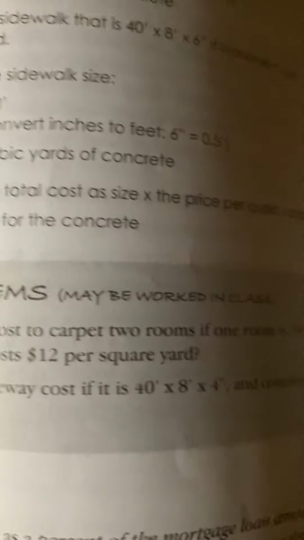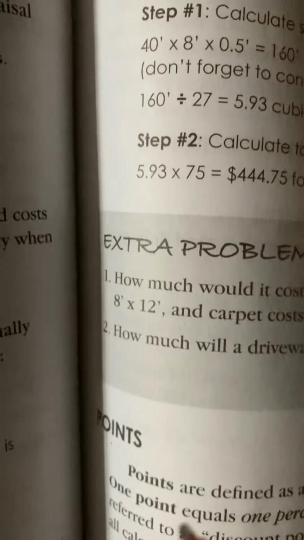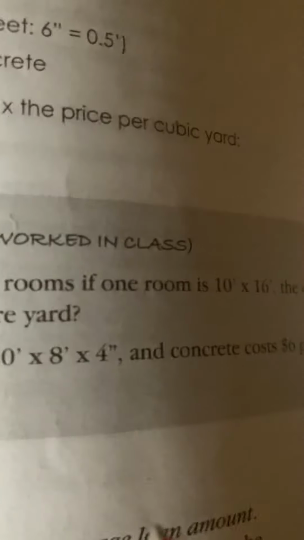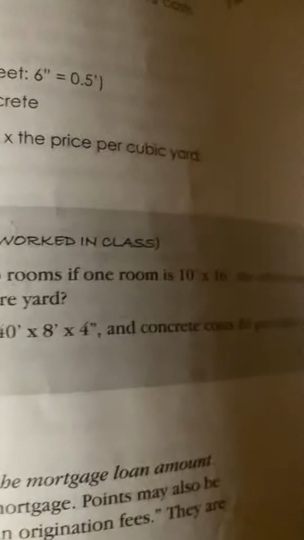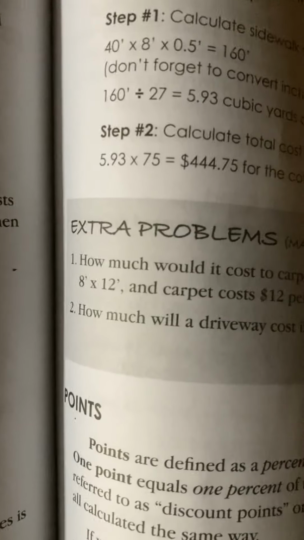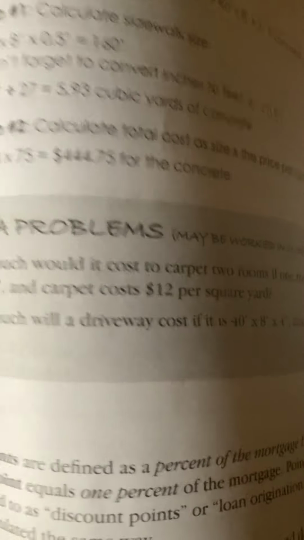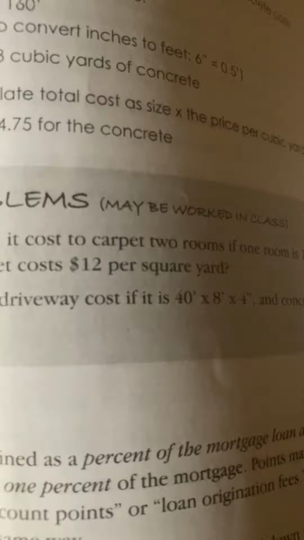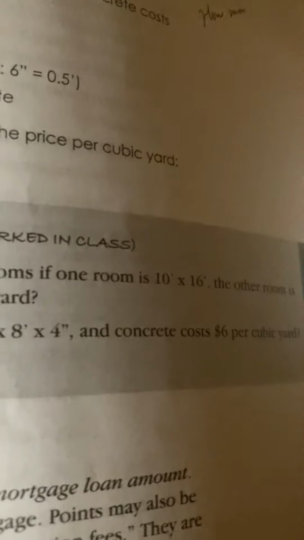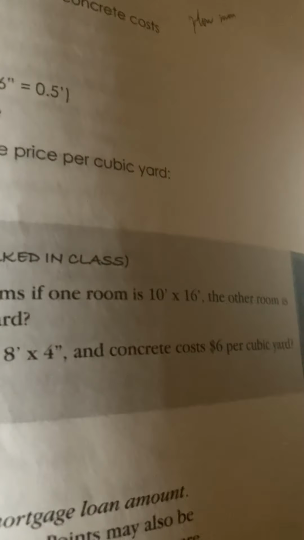Extra problems may be worked in class. Number 1, how much would it cost to carpet 2 rooms if one room is 10 feet by 16 feet? The other room is 8 feet by 12 feet, and carpet costs $12 per square yard. So you got to come up with the square feet.